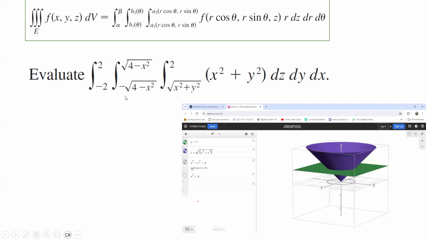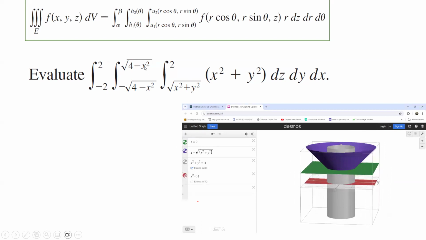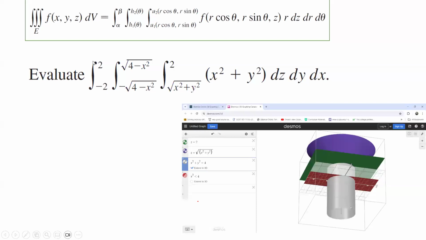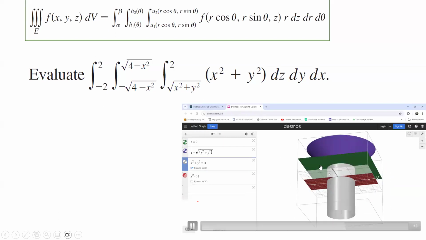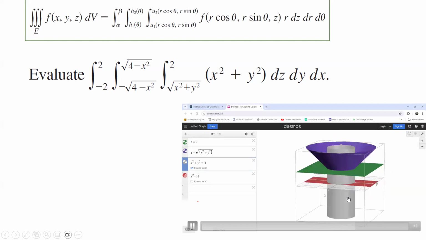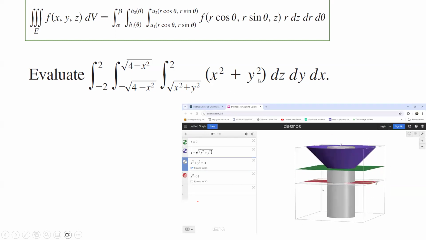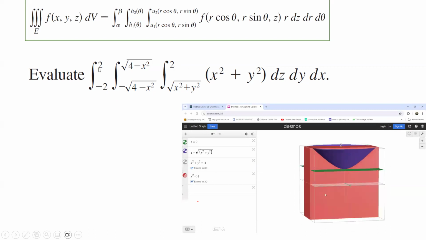But when y is bounded between negative square root of 4 minus x squared and square root of 4 minus x squared, this is basically a cylinder. And your x is bounded between -2 and 2. So this is what we are calculating, the triple integral of this surface bounded by these elements.